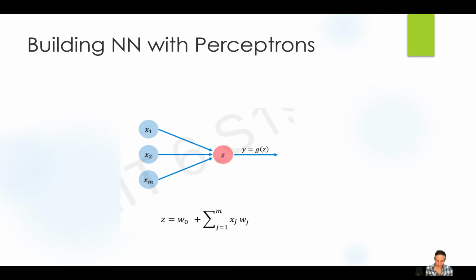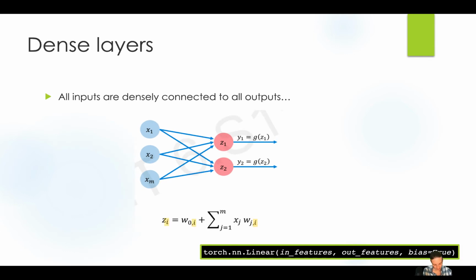So if we build a neural network with perceptrons, how does that look? Now, we looked at this equation already. So we have the linear combination of all the inputs plus the bias. And we can combine multiple of these perceptrons together. If you combine multiple ones into what we call a layer, you can write this in PyTorch as torch.nn.Linear.